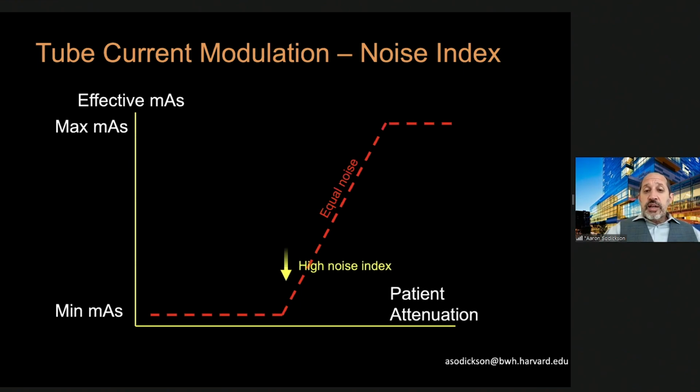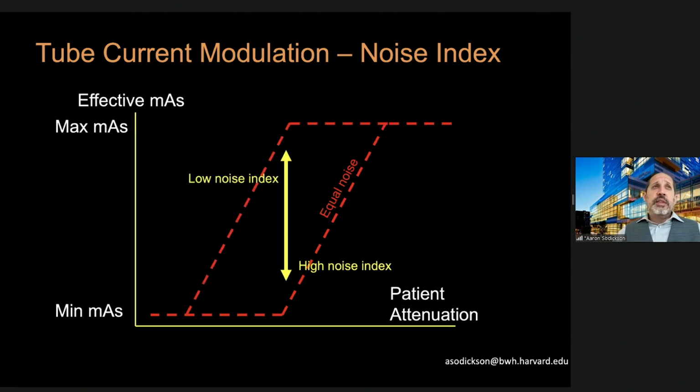What we then adjust, the adjustable parameter, is the noise index in the case of GE, also called the standard deviation in the case of Canon.